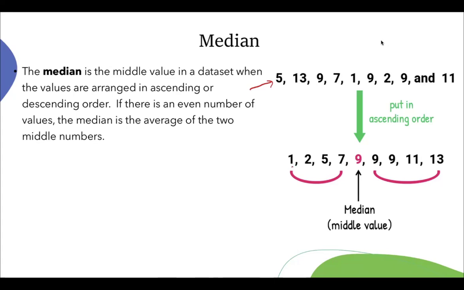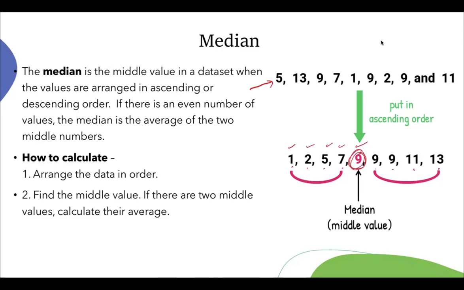So I have 1, 2, 5, 7, 9, 9, 9, 11, 13. And once they're in order from left to right, you find the middle one. So since I have 9 numbers here, the middle number is the fifth. 1, 2, 3, 4. The fifth number is the middle number, and it's 9.